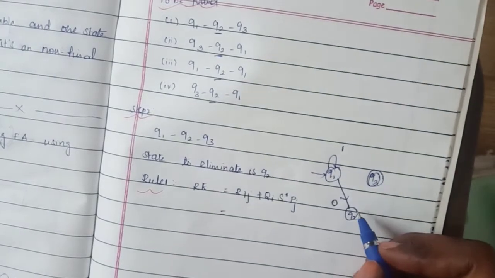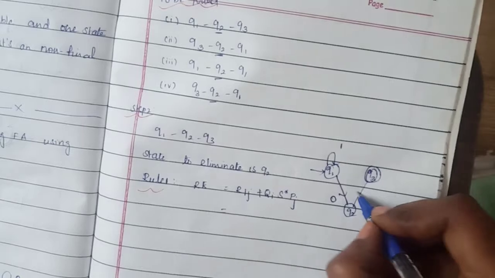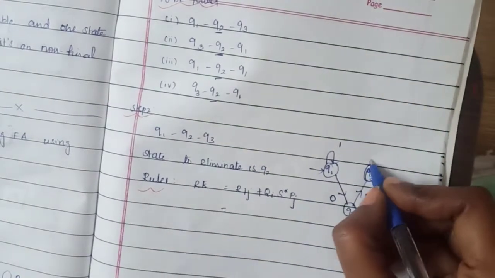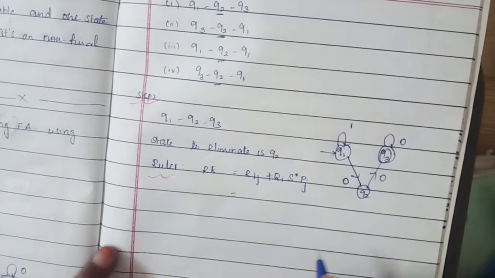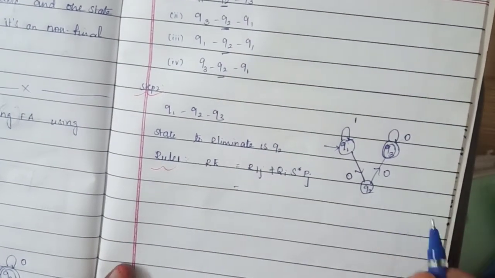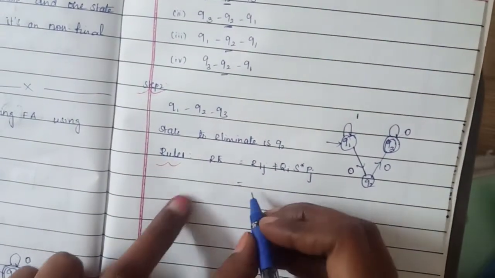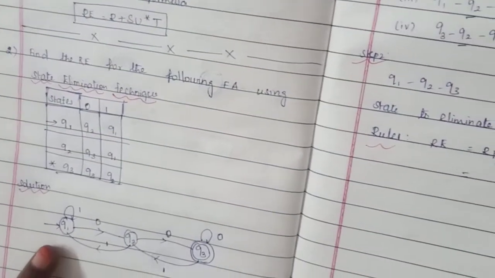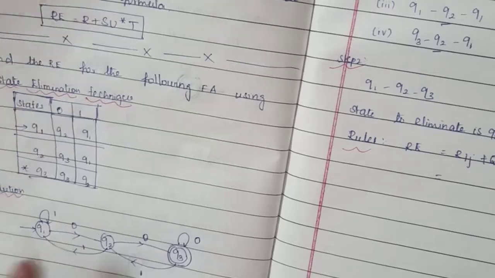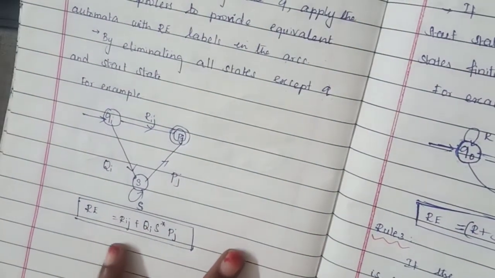Q2 to Q3 uses 0 to move. There is no S for this as per the diagram. This is equivalently written as rule 1.